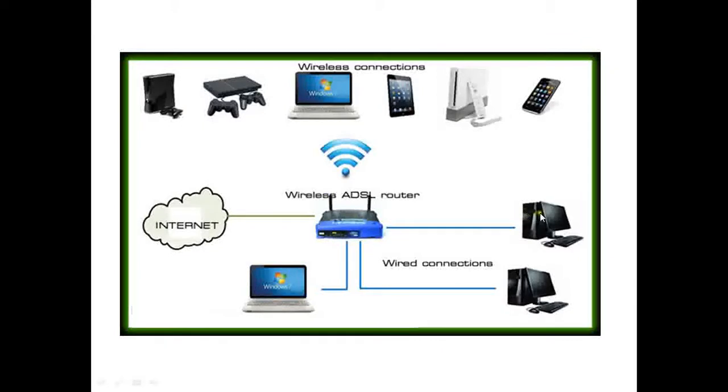If we have a look at these three computers, two desktops and one laptop, they are connected to the router with wired connections. And also we have multiple devices on the top, game consoles, a laptop, tablets and a mobile phone, which are wirelessly connected to the router. So we have two types of network communication, wired connections and wireless connections.